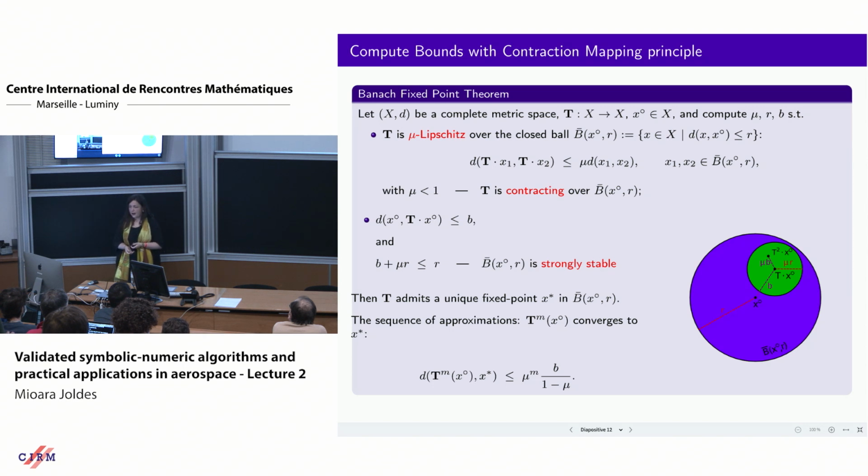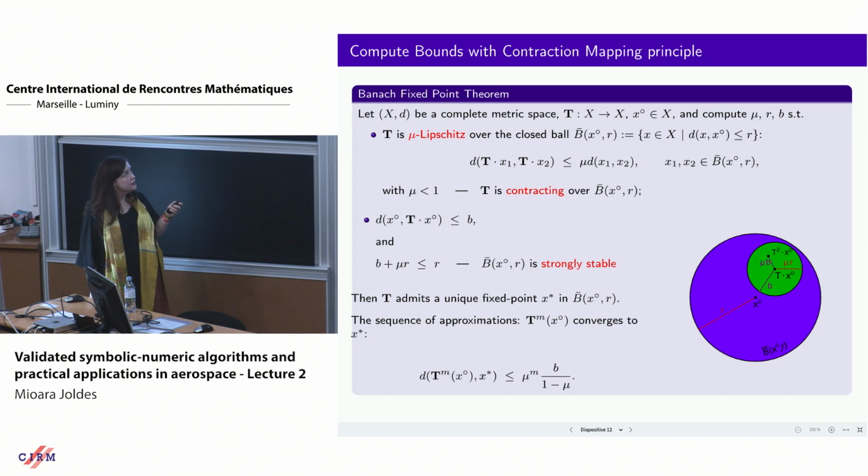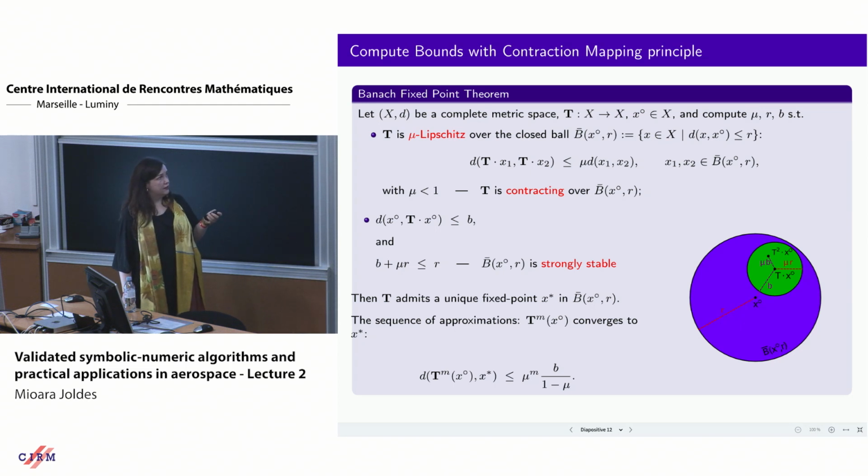And then if we can have an a priori estimate of how much the initial guess gets moved by applying the map, then if we have a bound B on this distance, and if we can prove that the ball is strongly stable, meaning that this inequality is satisfied, then we know by Banach theorem that we will have a unique fixed point in the small green ball that you show here.